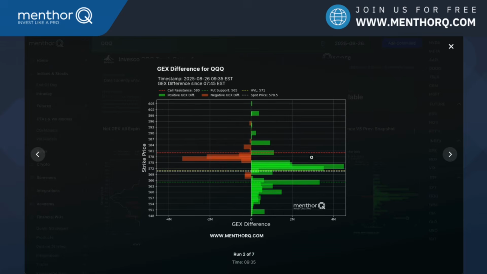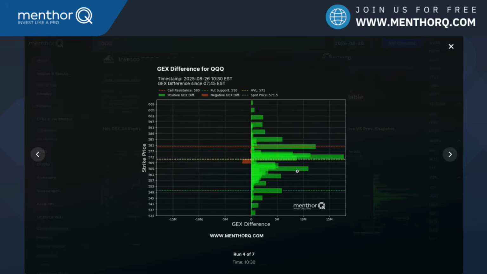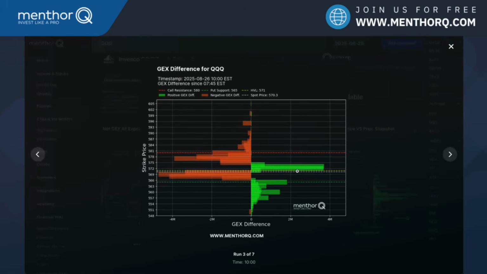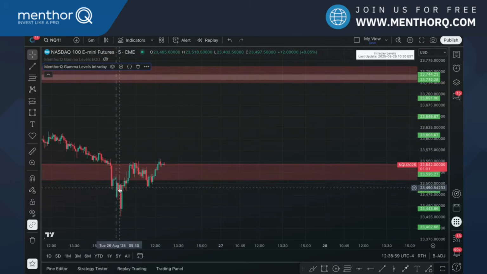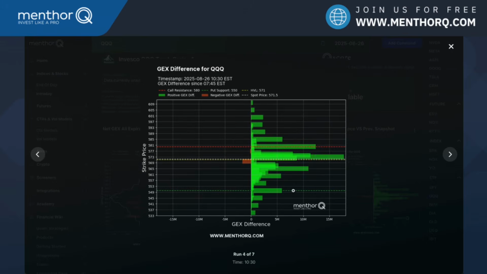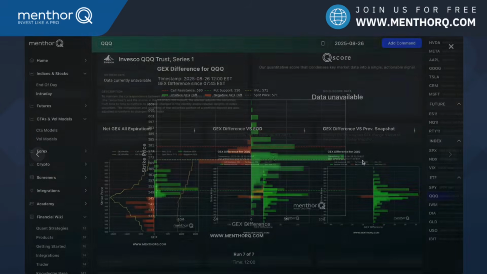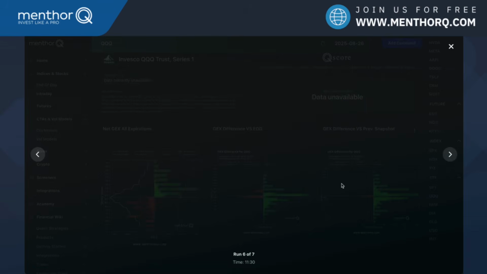You want to see if we're seeing a lot of positive positioning piling up or negative positioning. In this case, at around 10, which is this candle right there, we saw some negative positioning piling up, and then suddenly we start seeing a lot of positive positioning there. So we can use that versus the previous day, or the same versus the previous snapshot.